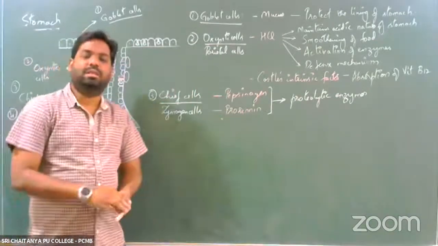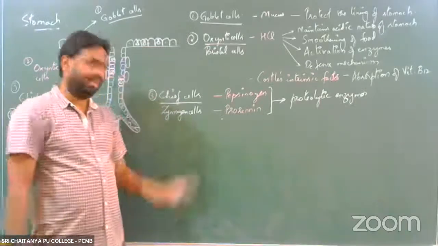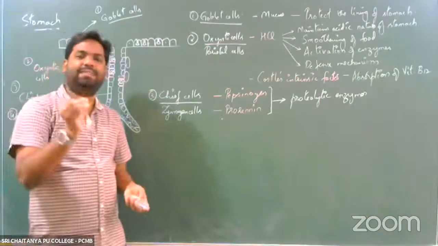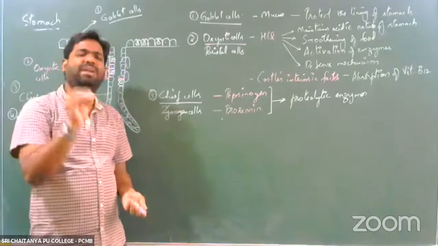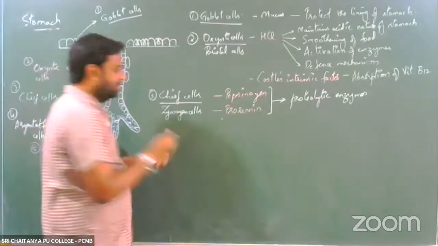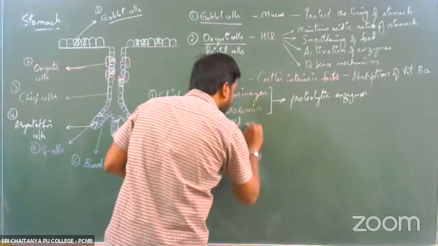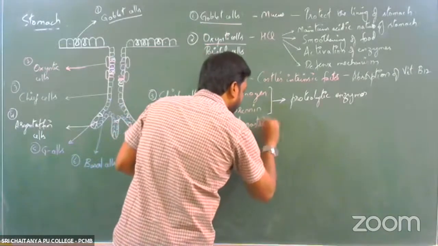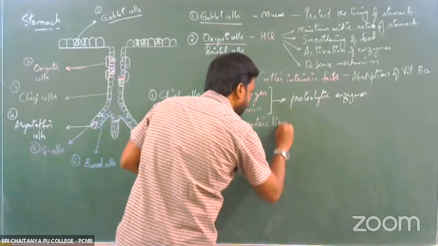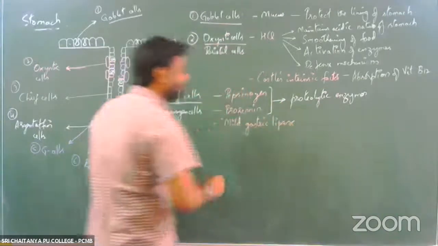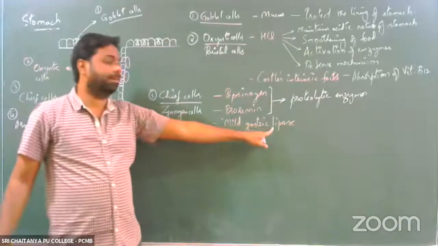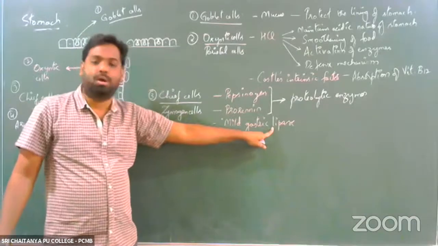Now, along with this, there is one more enzyme also which is being secreted by the chief cell, but its activity in the stomach is said to be very, very mild. That's the reason why we call it mild gastric lipase. Lipase is nothing but enzymes which break down lipid or fat.